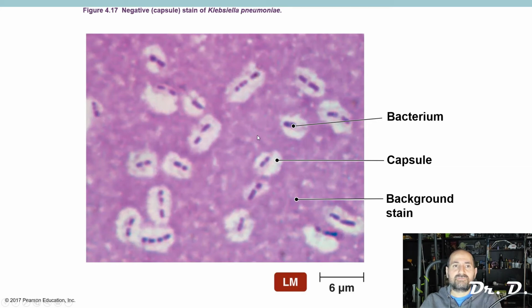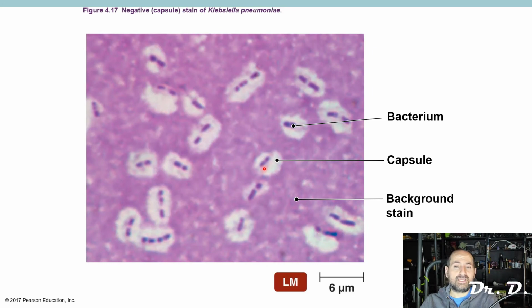Here's an example of a negative stain. Remember we learned in a previous chapter that some bacteria have a capsule, which is part of the glycocalyx, and the capsule is non-ionic, which means it's not charged. So how would you use a dye, a basic or acidic dye, to stain something that has no charge? Think about it.